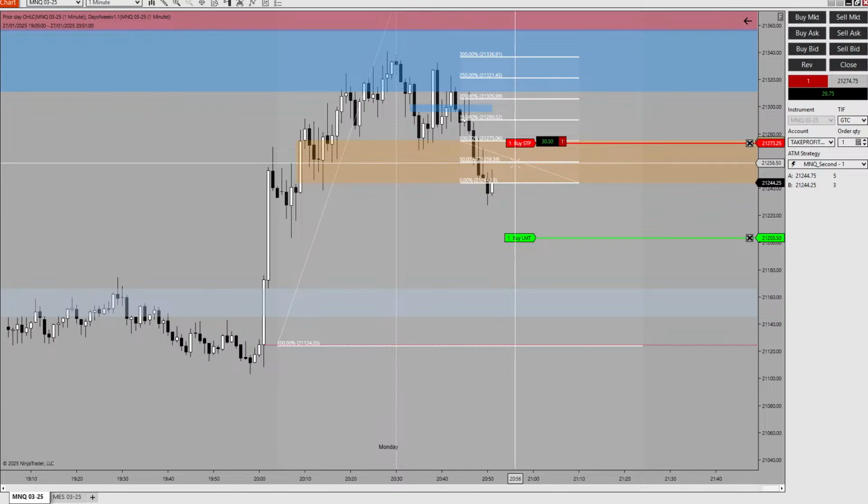I want to see this act as resistance. See, the body has not closed above it. So that midpoint has been respected in this candle.